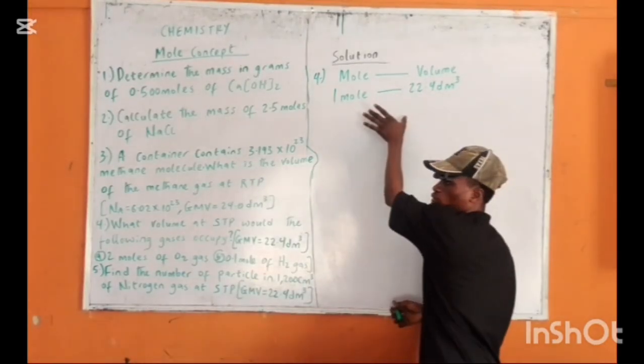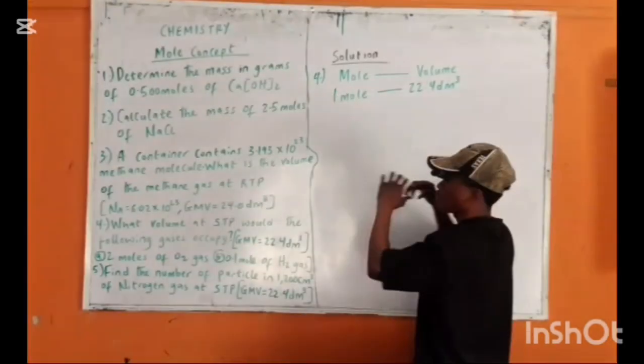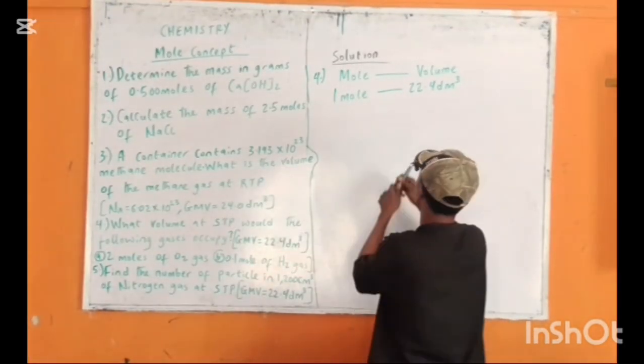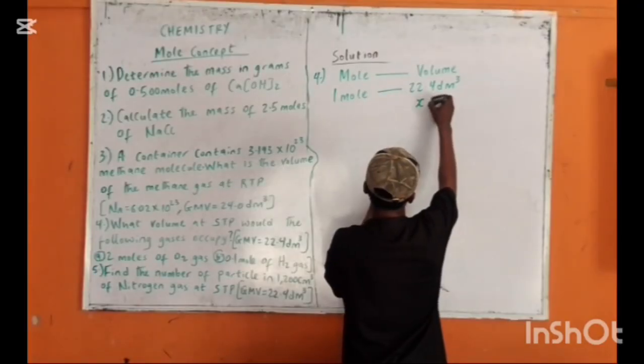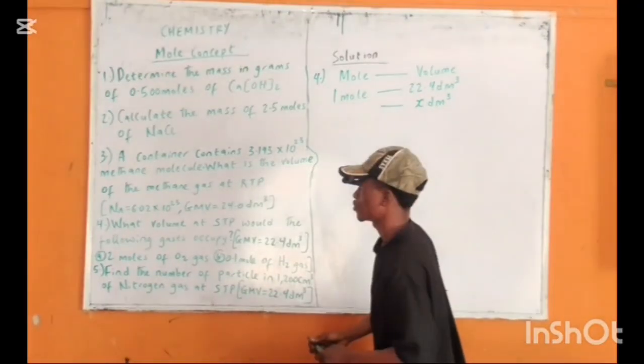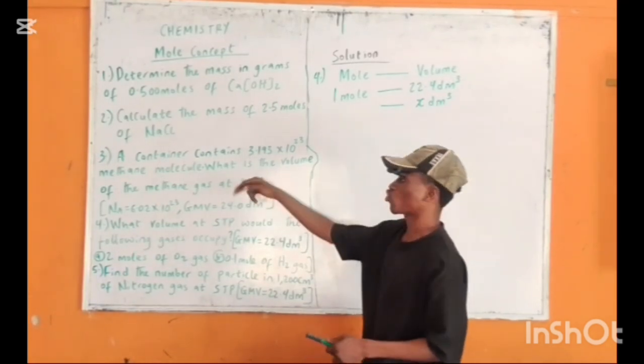So this is our relation now. What's the question? What volume? So we're having X dm cube would the following gas occupy?